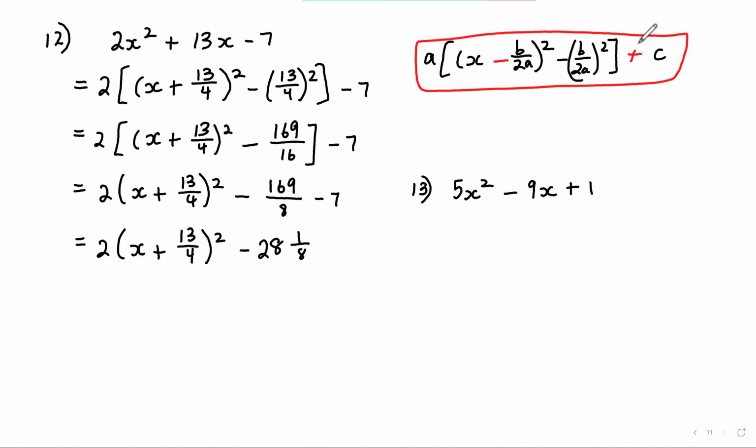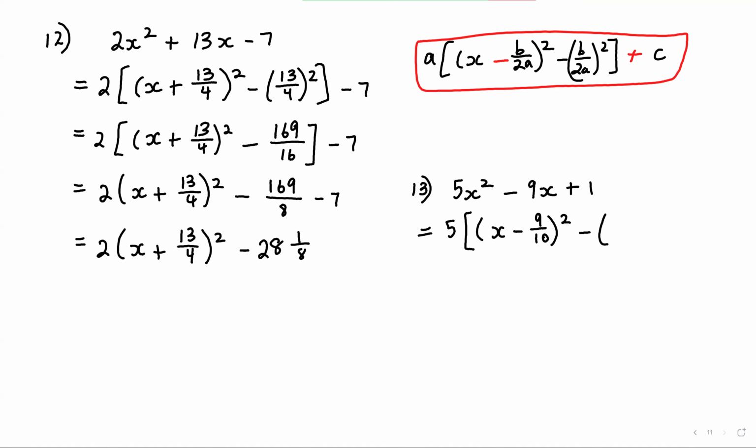What's going on the outside? 5. Then x minus 9 over 10, and then minus 5.